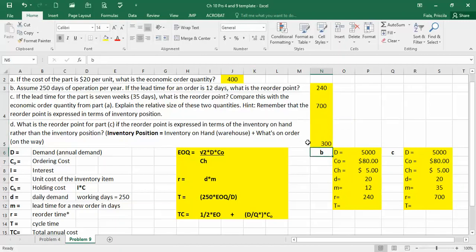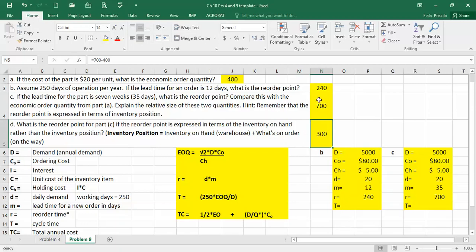That's what you're going to be ordering, correct? So your inventory on hand will be 300, which is different than these numbers, because these numbers do consider what is in the warehouse plus what is on the way, and here it is only talking about what is on hand. So what does this number mean?